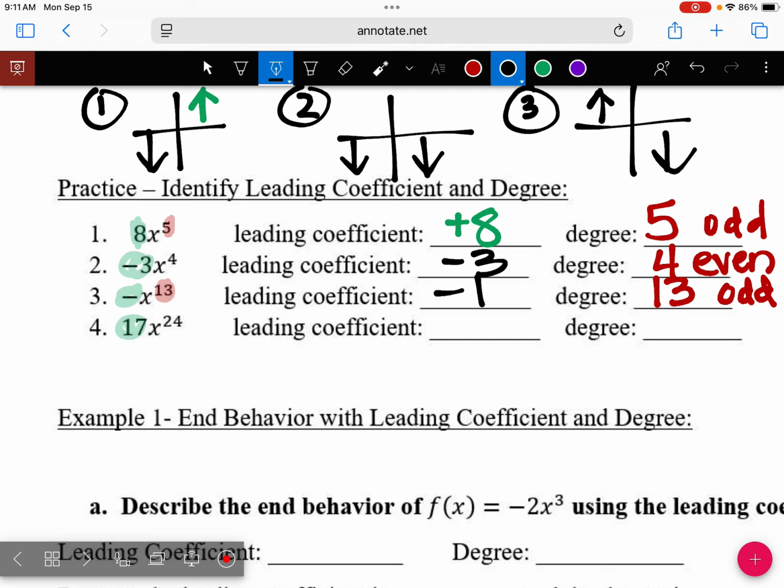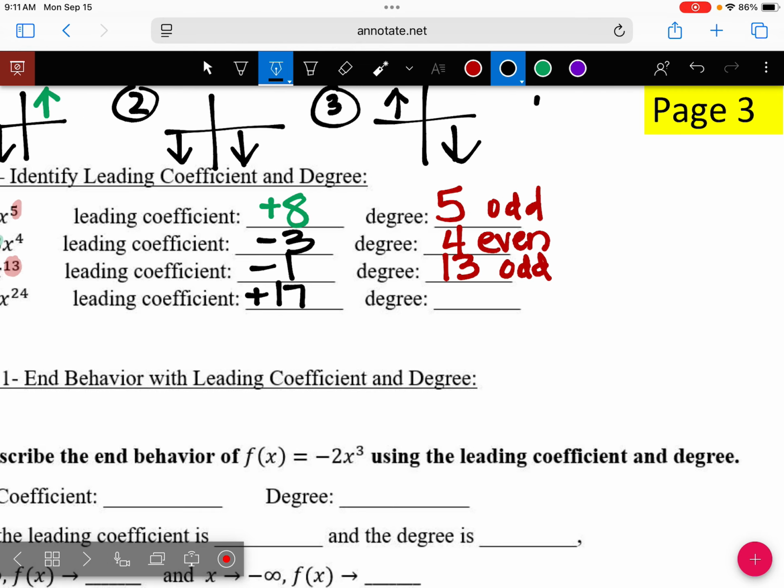All right, lastly, number 4, we got a 17, which is positive. So again, when I sketch my little graph, because it's positive, that means the right side will go up.